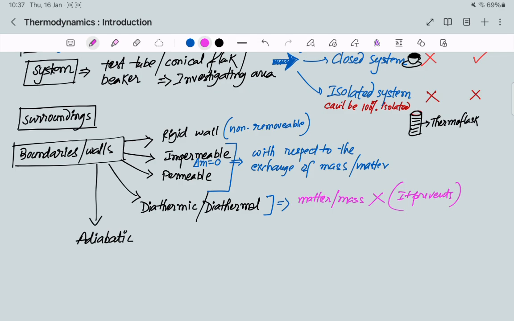Okay, in the absence of any external force, it allows energy to pass, and also in the absence of any external force.